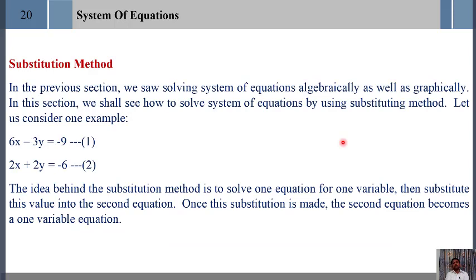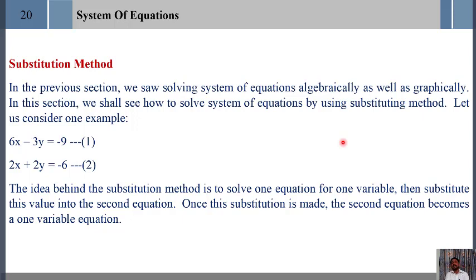Next, the substitution method. How to solve a system of equations using the substitution method. In this case, we have to find the value of one variable in terms of the other variable, and later substitute that value into the other equation, then you can find the solution easily.